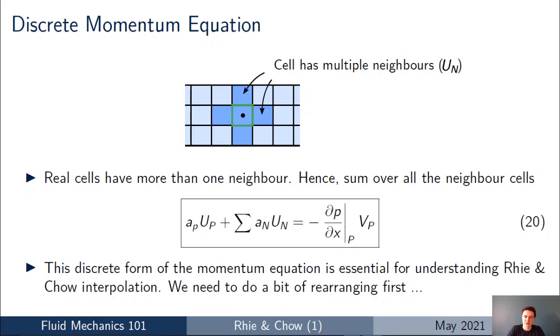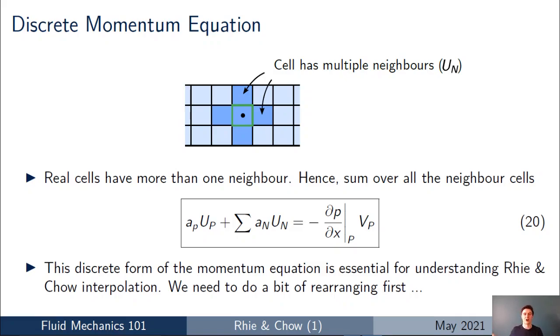The left-hand side is telling us that we're considering the U momentum equation, and so the cells that surround the cell we're interested in may diffuse and convect momentum into that cell, and that diffusion and convection of momentum into the cell has to balance the pressure gradient across the cell, which is the right-hand side of equation 20. So all of the fluxes of convection and diffusion into that cell must balance the pressure gradient across the cell.